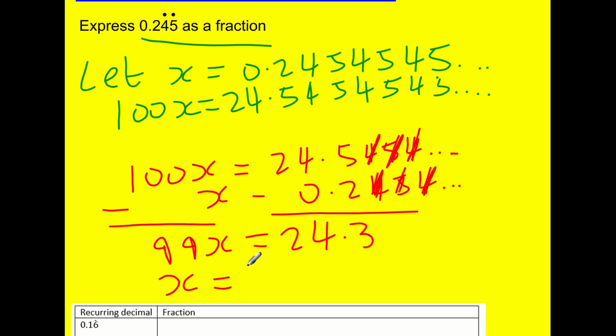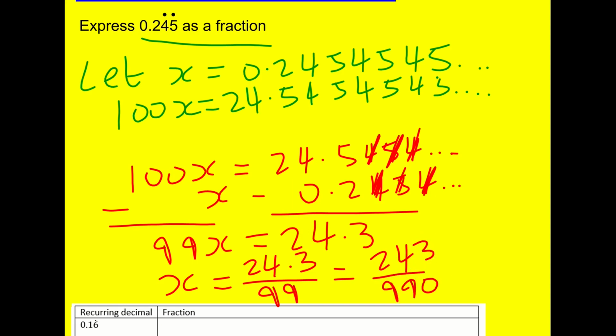x equals 24.3 divided by 99. However, we always try to simplify fractions, and we don't want decimals in our fractions. So what can we do? We can multiply top and bottom by 10. 243 divided by 990.